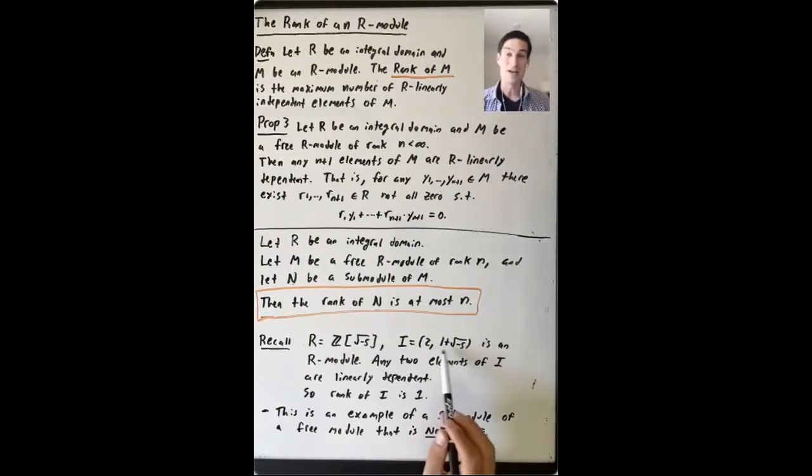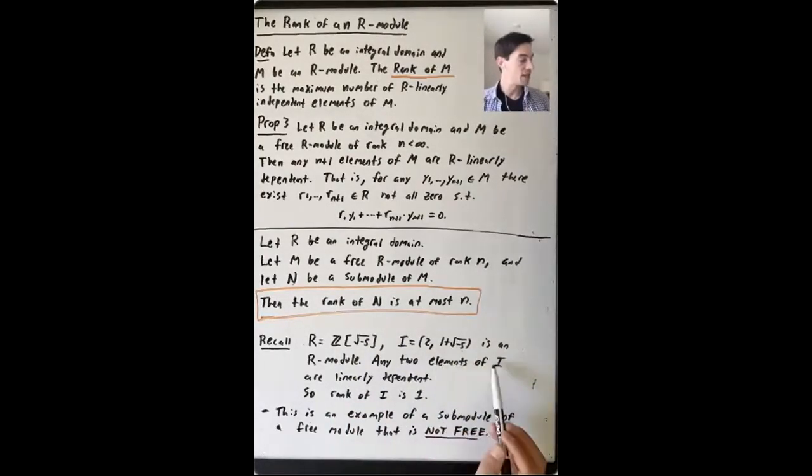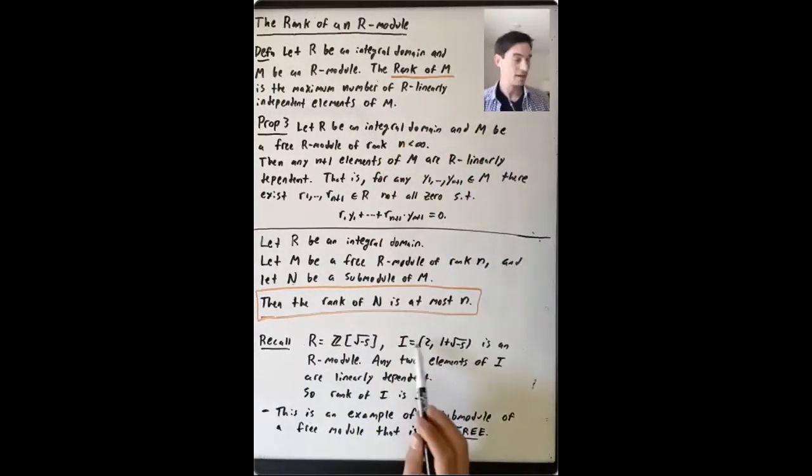This is a non-principal ideal inside this ring. This is an R module. And we saw that any two elements of I are linearly dependent. So what does that mean? That means that the rank of I is 1. But there's no spanning set of size 1.